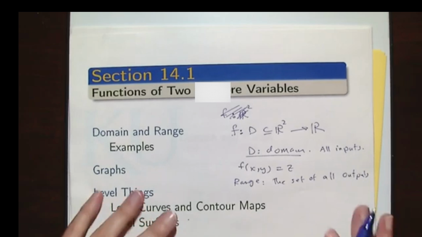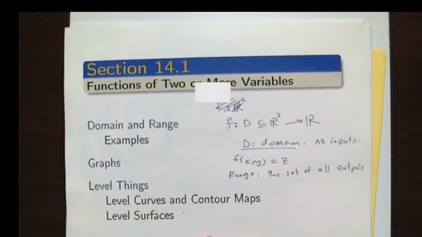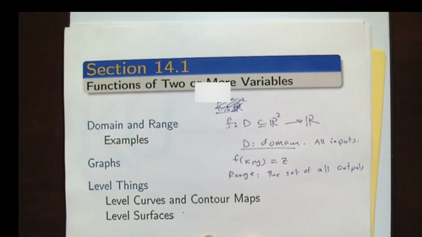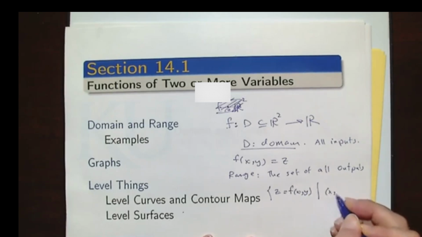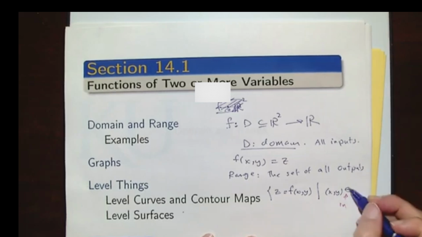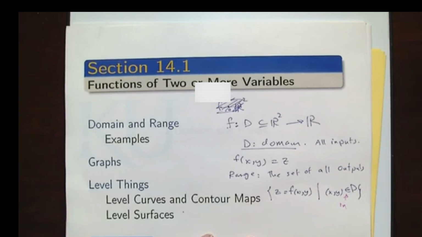How do I show it? For showing it, am I writing big enough? Can you guys see it? Okay, thank you. So to show it, you write this way: z equal to f of x and y such that x and y is in the domain. Do you guys know what this symbol means?